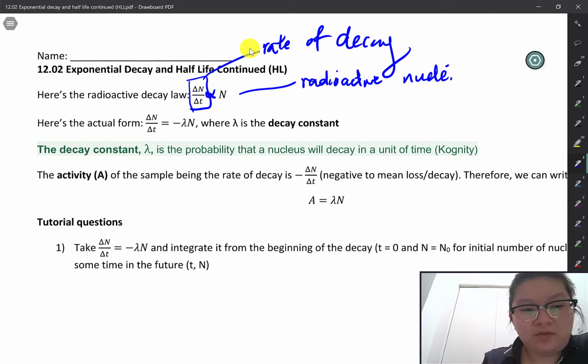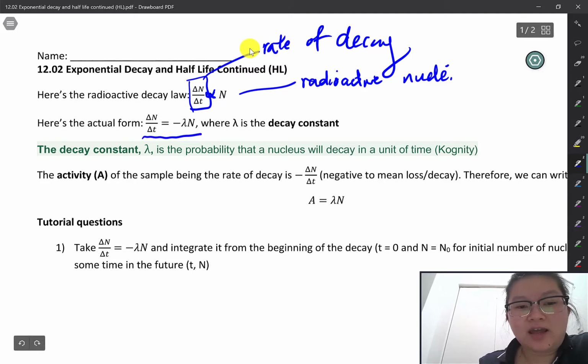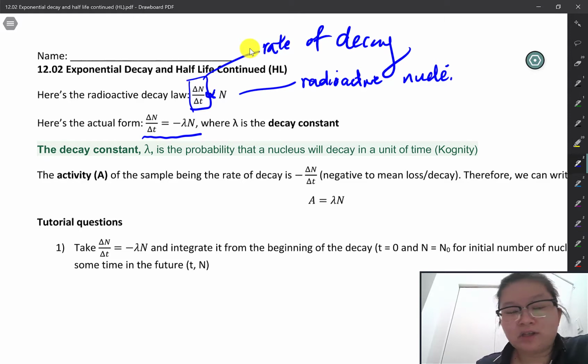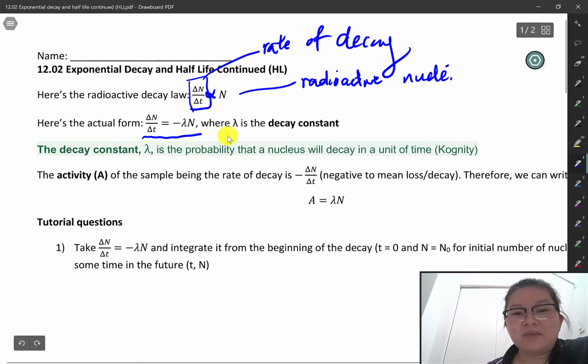So the actual form of what that takes on looks like this, in which N is the number of radioactive nuclei, but there's also this little constant here called the decay constant, meaning that the greater the decay constant, the greater the rate of decay. This also means for different radioactive substances, this decay constant will be different because the nature of the decay, the rate of decay will also be different.